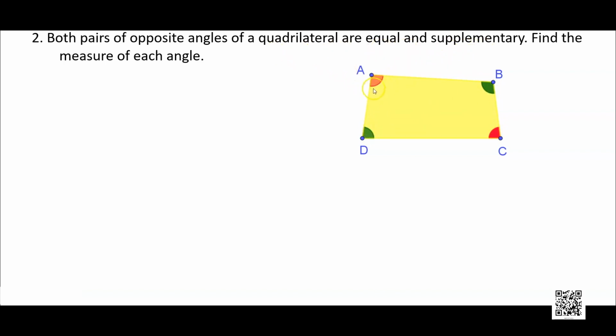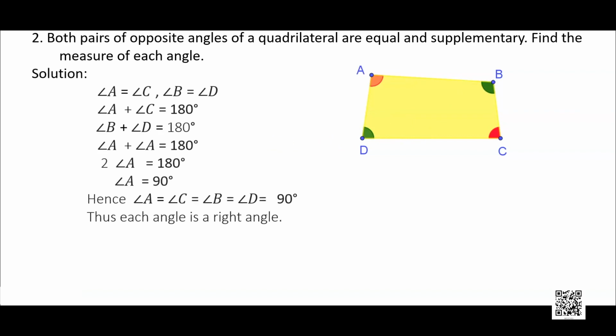So, what do you say know about angle A and angle C now? Yes, angle A plus angle C will become equal to 180 degrees and angle B plus angle D will become 180 degrees. So, let us look at the solution now. So, it is given angle A equals angle C and angle B equals angle D.